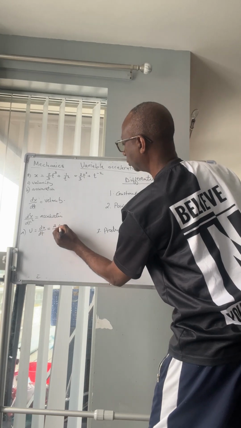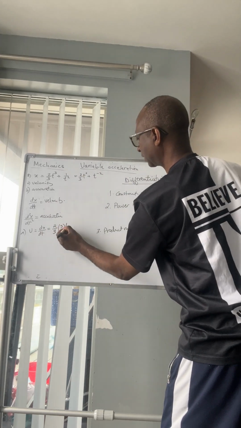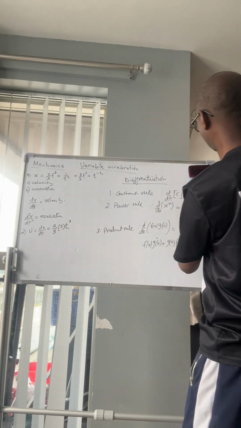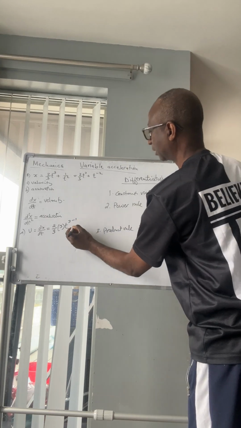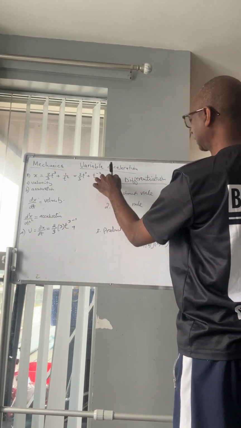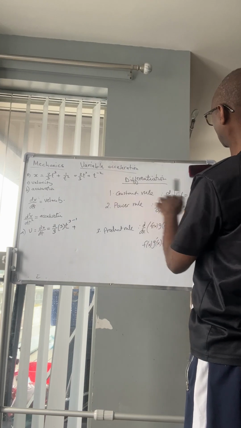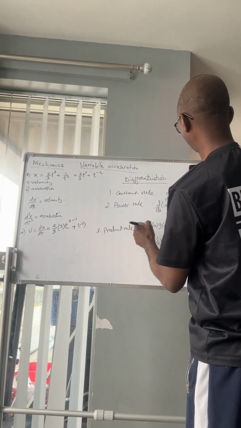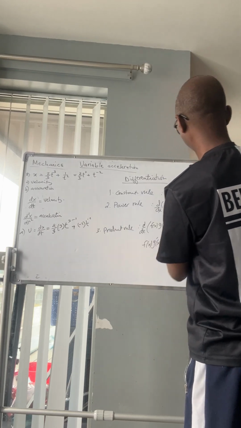And then we write t. Then the power, which is 3, we subtract 1 from it, minus 1. For this first one, plus. Now this one again, we have minus 2, because n is minus 2. So you have minus 2, and you have your t, and then minus 2 minus 1.